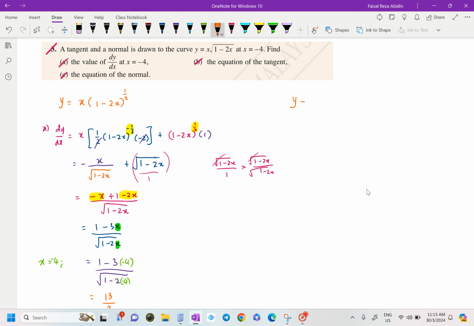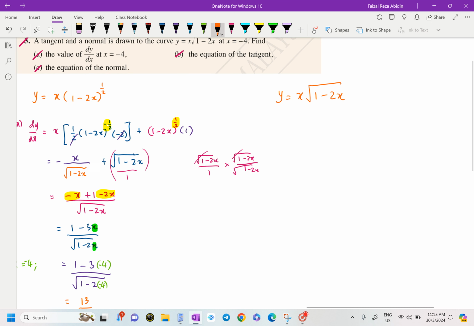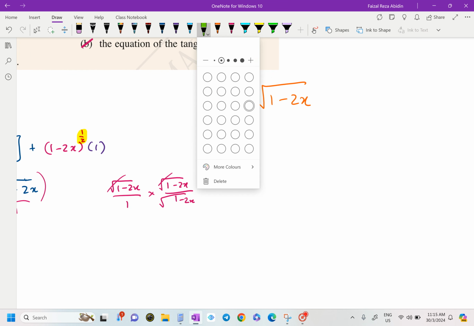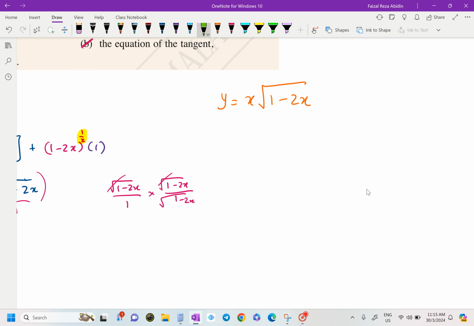Just copy back that y equals x square root of 1 minus 2x. When the value of x is negative 4, I'm going to find my y value first: y equals negative 4 times the square root of 1 minus 2 times negative 4.